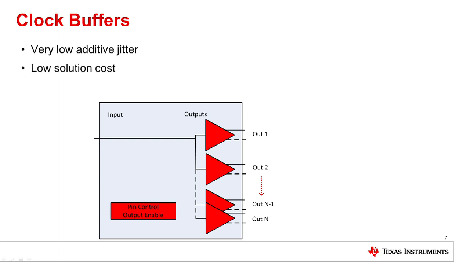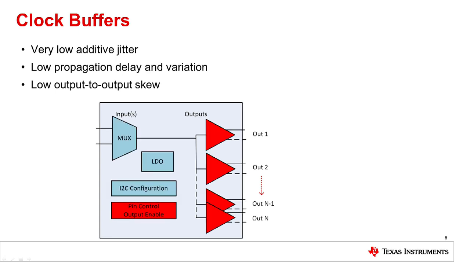In a simple fan-out buffer, usually you're looking for a very low jitter, low solution cost, and low output-to-output skew. Similar to crystal oscillators, there are differential and single-ended output types, along with other options that can be included for flexibility and performance. In universal buffers, as in differential formats, higher performance is expected, and specifications such as propagation delay and possibly delay variation, in addition to the skew and additive jitter, can be important.